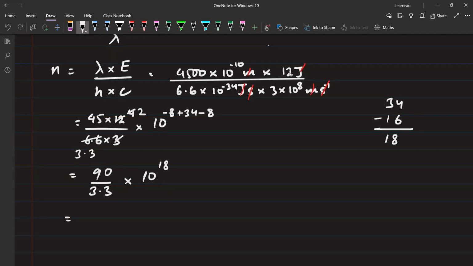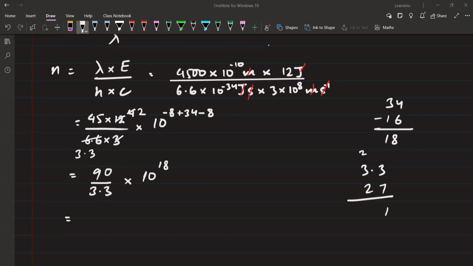30 से थोड़ा कम होगा. So 27 के करीब अगर देखते हैं, 27 to 3.3. 7 3s are 21. 27. So it is 4.4. Zainab, what is 4.4?